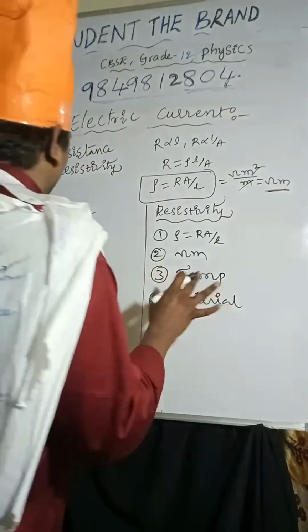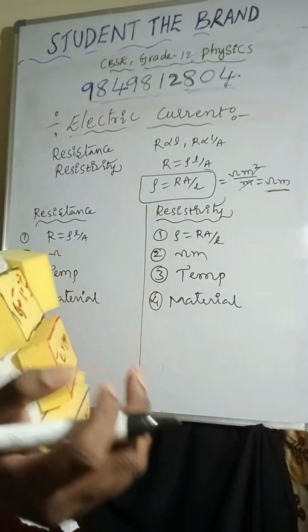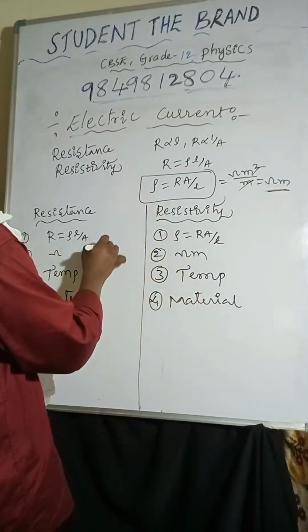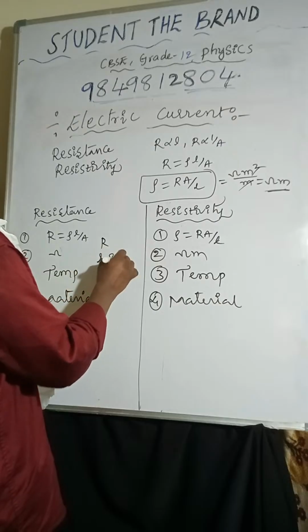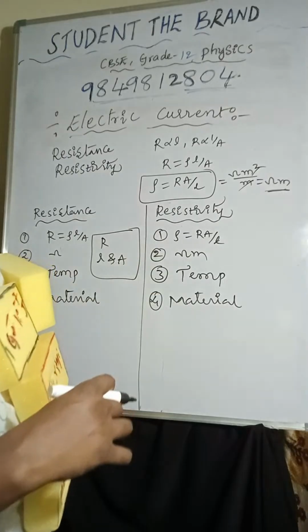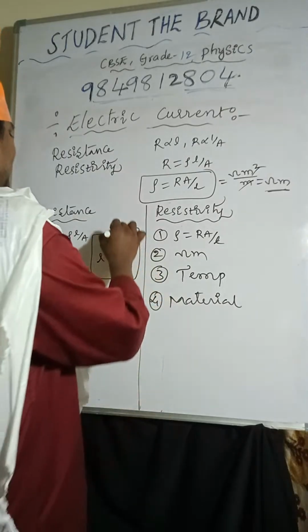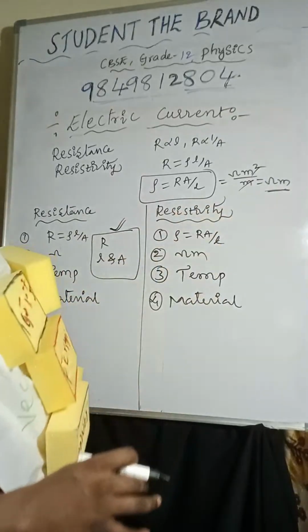Here you can observe one thing: resistance also depends on length of the conductor and area of cross section. Resistance and resistivity, you already know that.